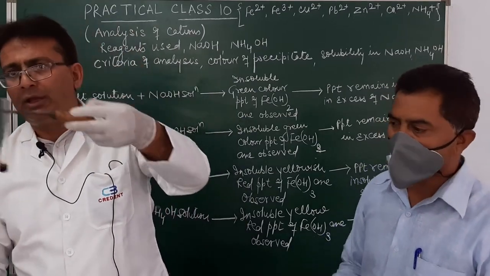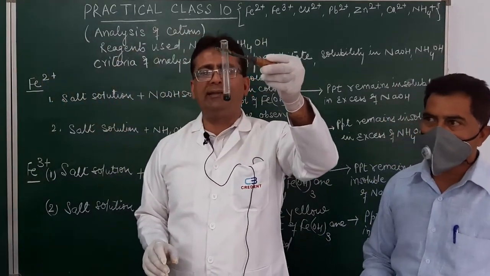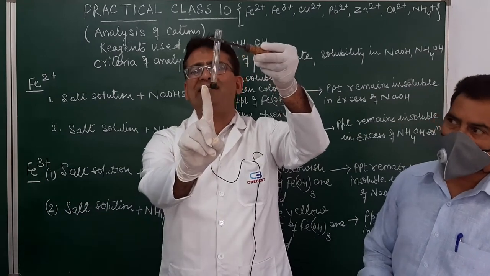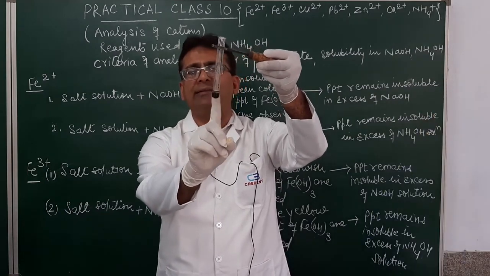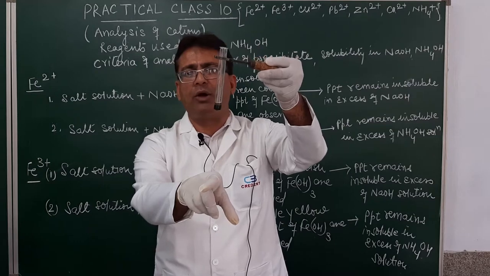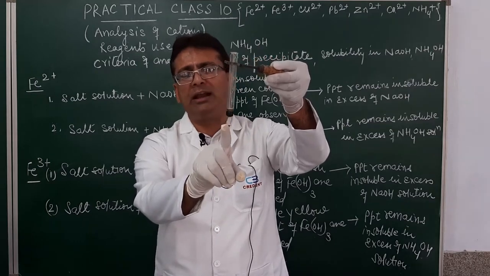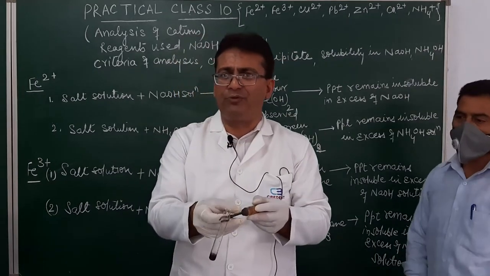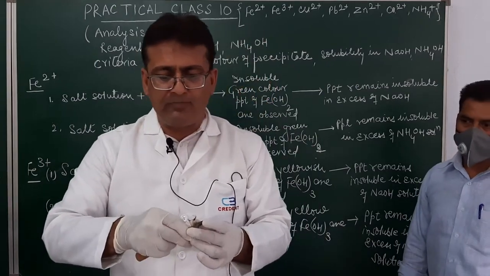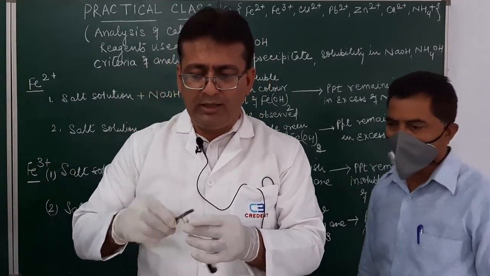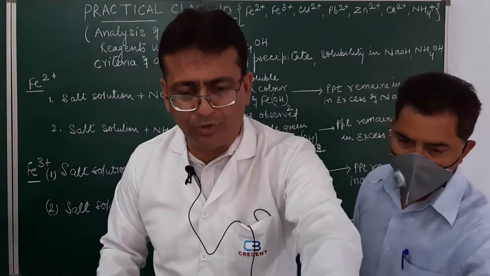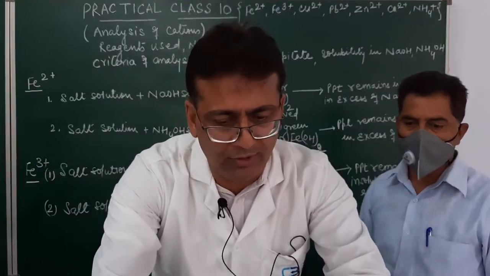Green color precipitates will be observed, which remain insoluble in excess. Precipitates are the solid substances which settle down while carrying out the practical. So see the green color precipitates of ferrous hydroxide. You can see over here, the precipitate remains insoluble in excess of sodium hydroxide and ammonium hydroxide.